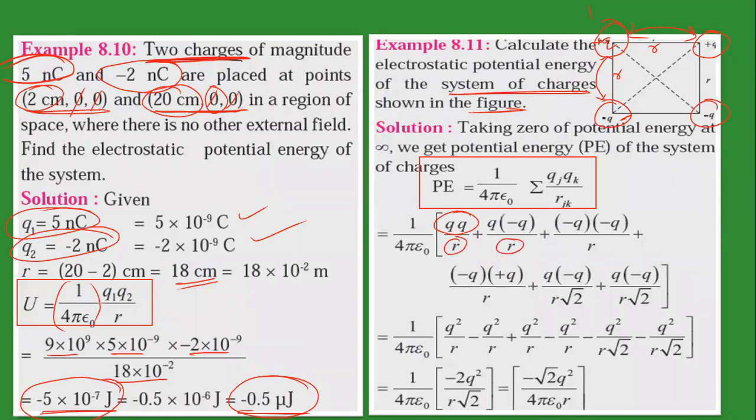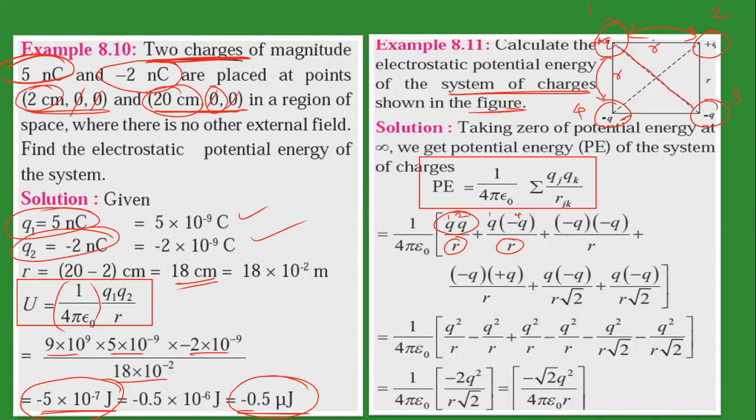Now we consider this. Let me name the charges 1, 2, 3, and 4. Here we consider the first one between 1 and 2. Now here 1 and 4. Now 1 and 3. By Pythagoras you can find this distance.